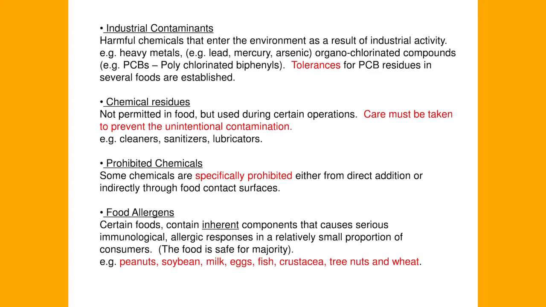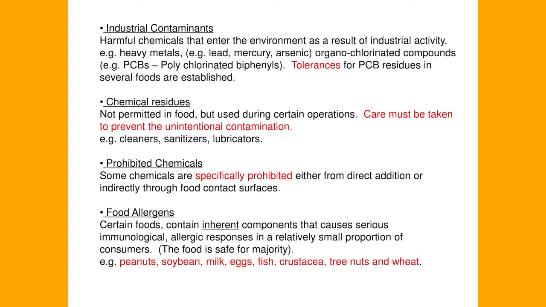And then they have established tolerance for PCB in several foods. Yeah. All of this because of course, industrial activity. If the factory is by the river, they can contaminate the river with these heavy metals and this organochlorinated compounds, PCB.